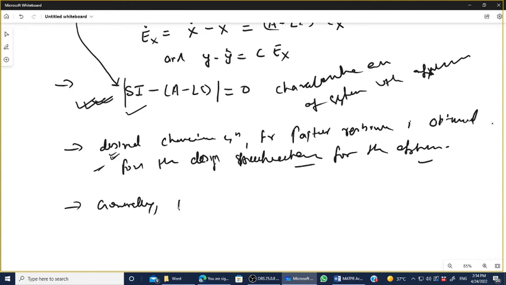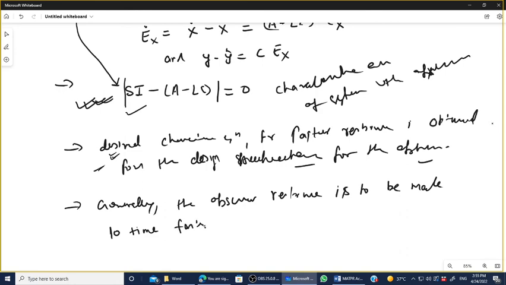So generally the observer response is to be made 10 times faster than the response of the closed loop pole system. Okay, closed loop pole system.